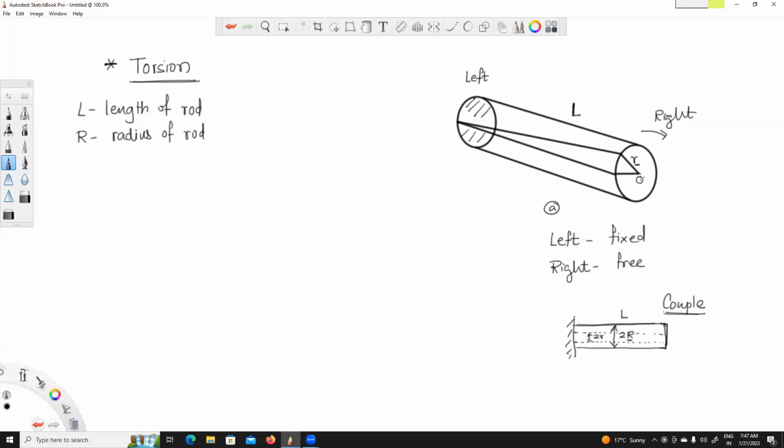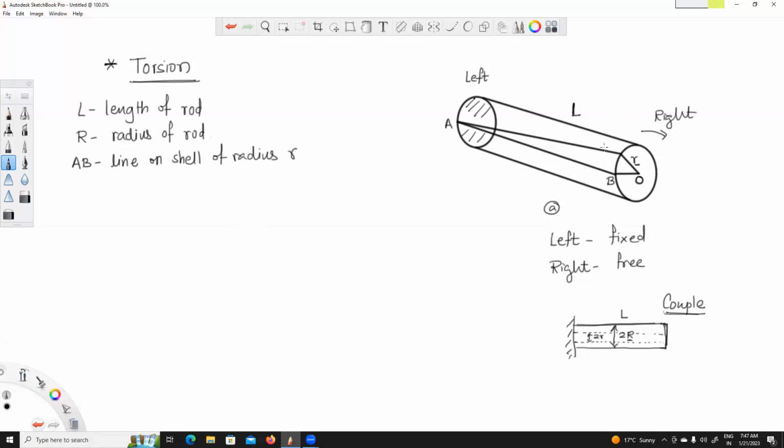Let's say O is the center of this right end cross section, and this small r is the radius of the shell. Let us consider a point. Let's say this is point A and this is point B. So AB is a line on the shell of radius r, the smaller radius.